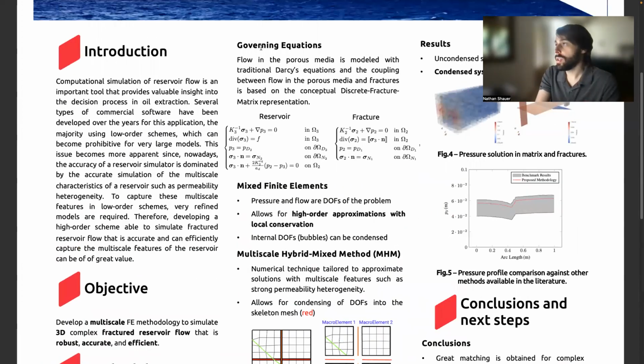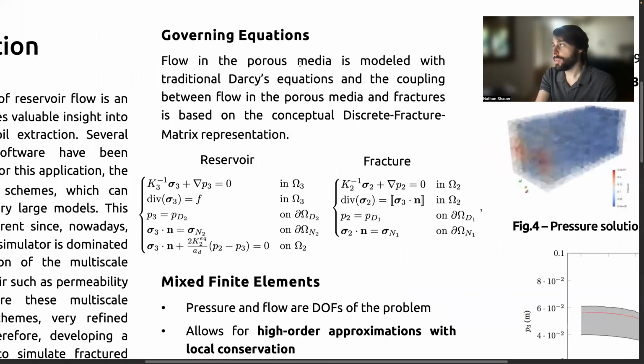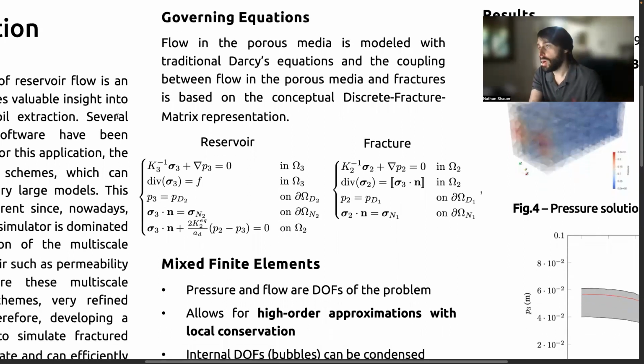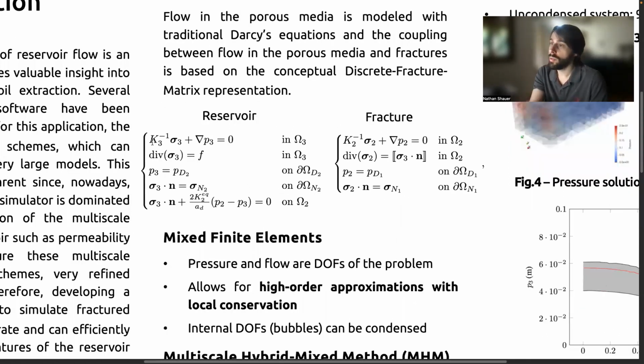For the governing equations, the flow in the porous media is modeled with traditional Darcy's equations, and the coupling between flow in the porous media and fractures is based on the conceptual discrete fracture matrix representation. So for the reservoir, we have first here the constitutive law for Darcy's equation. K3 is the permeability matrix or tensor.